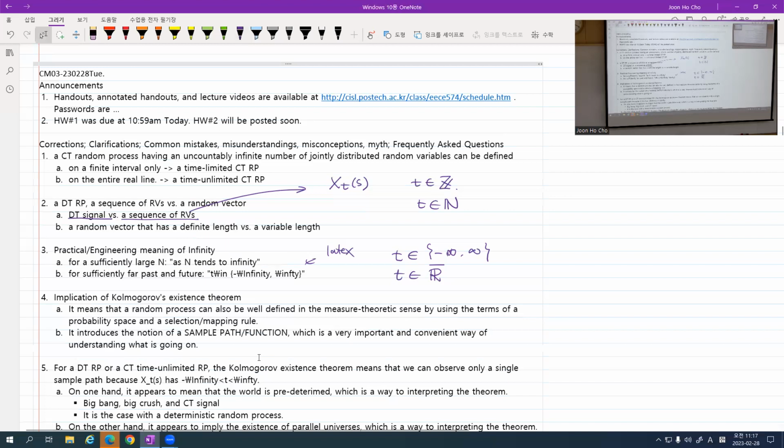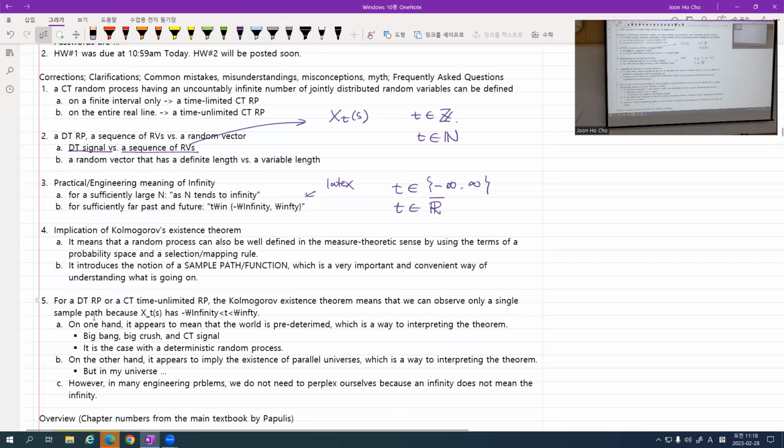I emphasize the importance of Kolmogorov's existence or extension theorem, and many textbooks, even at the graduate level, do not mention this that much. But I believe it is the most important theorem. Even though I have no capability to rigorously prove that theorem, I can provide a good interpretation for you and also remove some misunderstandings based on my experience of a lot of bumping around.